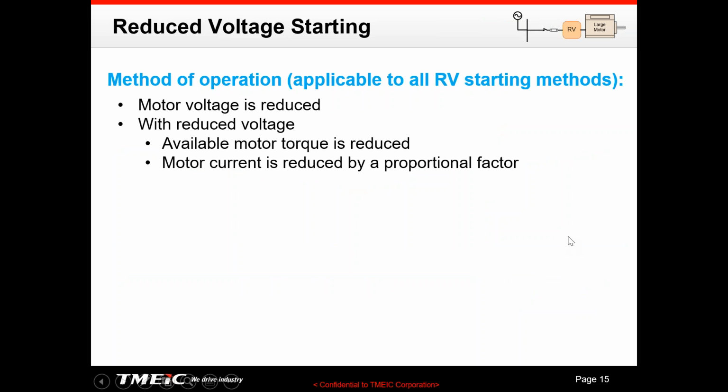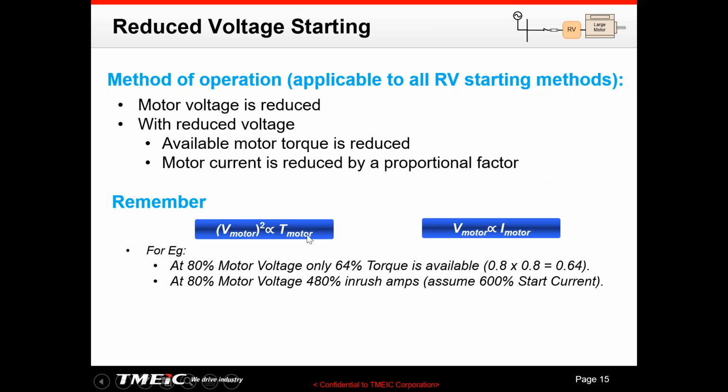So when you reduce the starting voltage, that means your motor torque is also reduced. Here's a quick equation. The torque is proportional to the square of the voltage, and the current is proportional to the voltage.